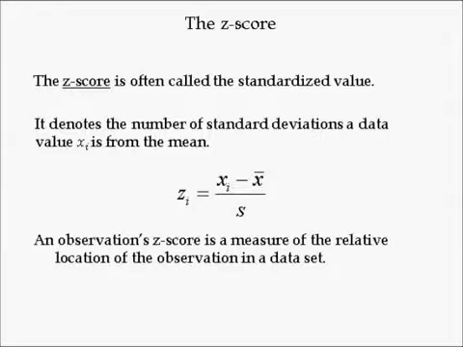In order to figure out whether your income is more extreme than your age, you need to divide the deviations from the mean by the corresponding standard deviations. Suppose the standard deviations are $1,000 and 0.5 years. Your income z-score is minus $500 divided by 1,000, which equals negative 0.5 standard deviations.